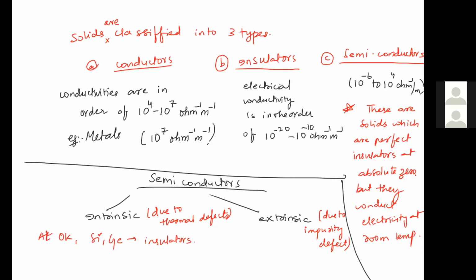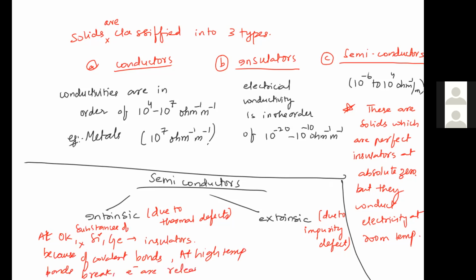Why? Because of covalent bonds, they're completely bonded, no free electrons. But at high temperature, bonds break and electrons are released, which are responsible for this conduction.